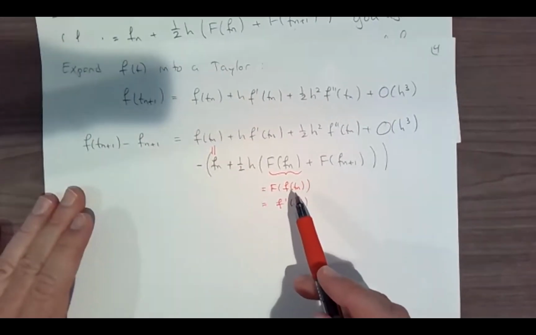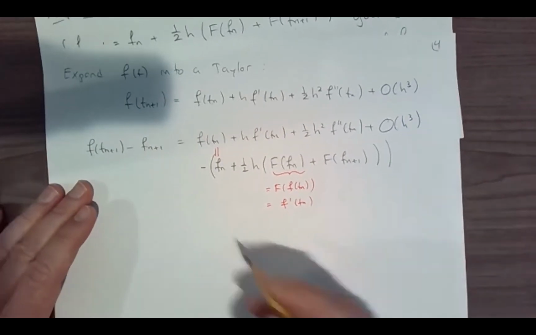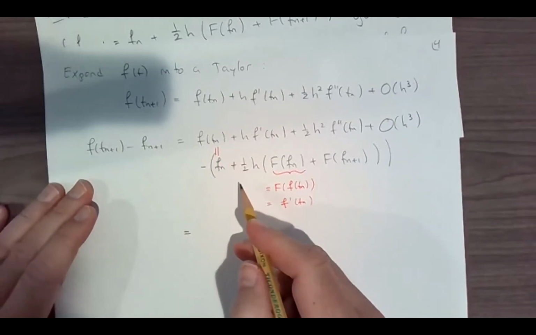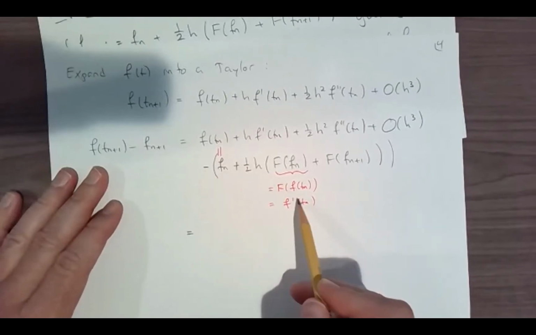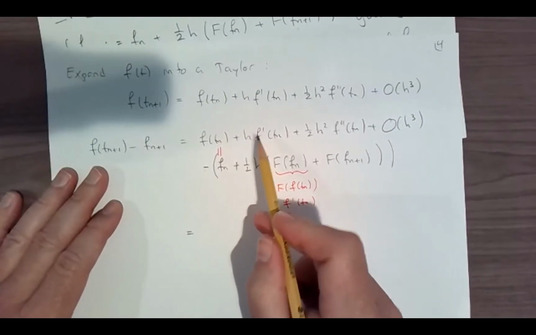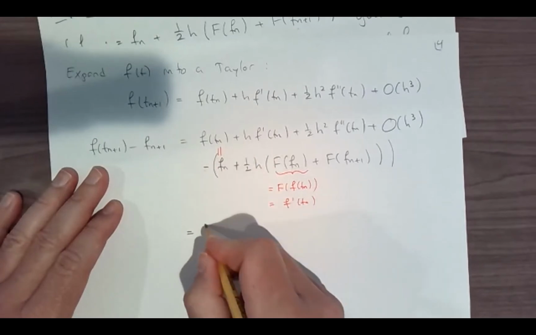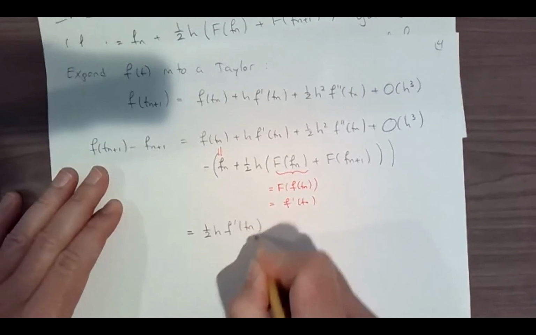So I can now simplify a little bit. These two terms canceled, and here I had minus a half of this f prime that I have up here. So I get a plus 1 and minus a half. It leaves me with a half of h f prime at Tn.